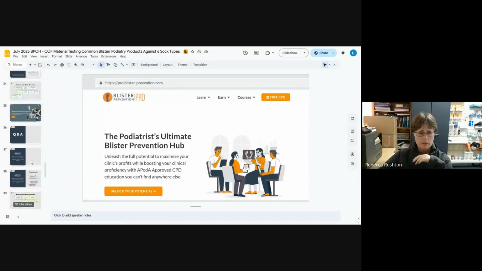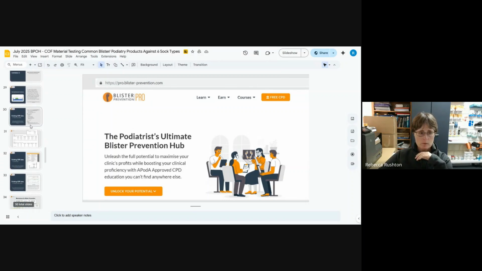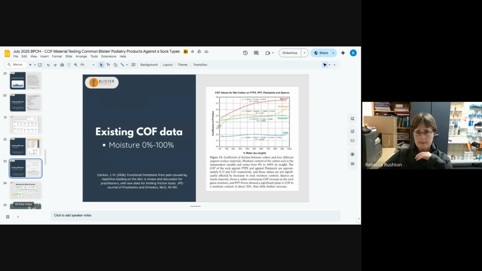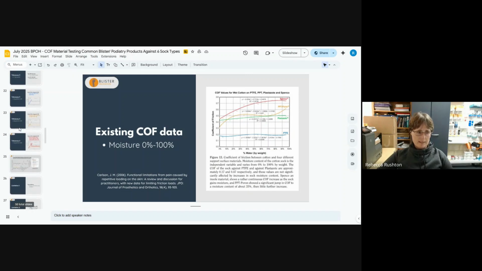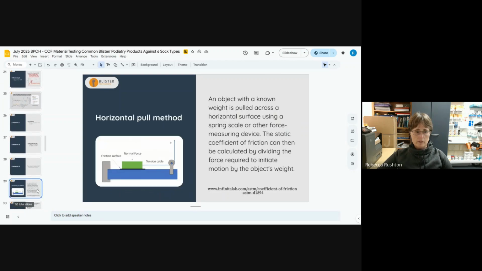If anyone's interested in getting a research project up, I think it would be great to replicate this with all of the materials that podiatrists are used to, like the ones that I've done today. Just gradually increasing the moisture component to the sock and measuring the coefficient of friction, and perhaps using this horizontal pull method.